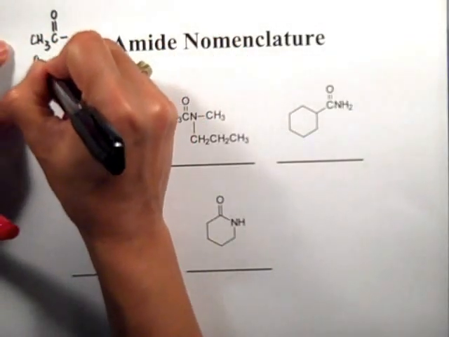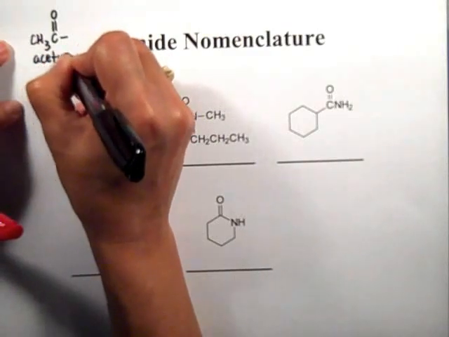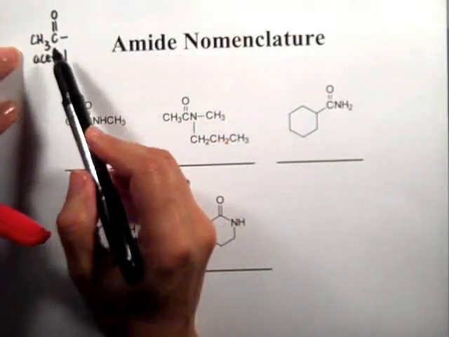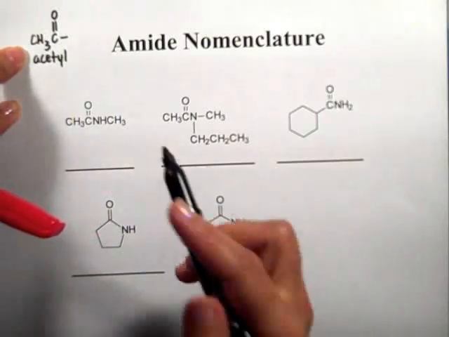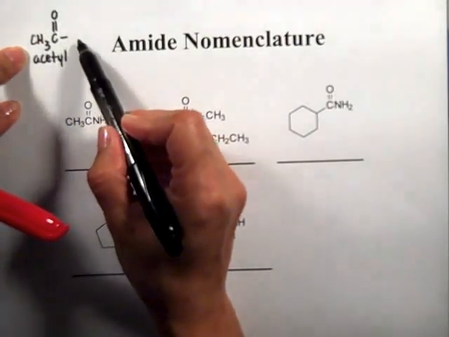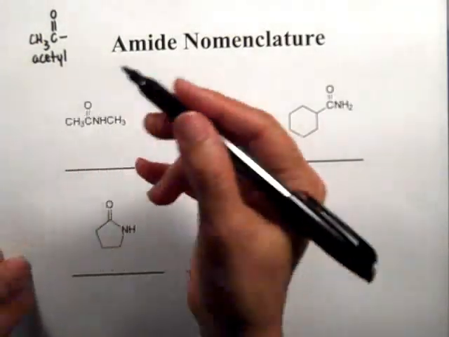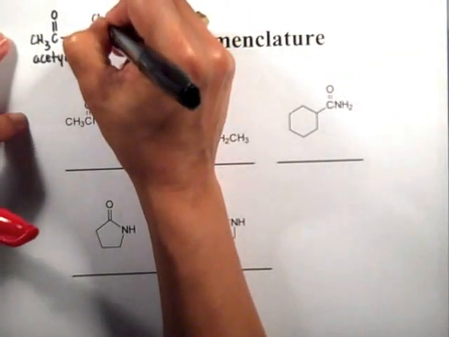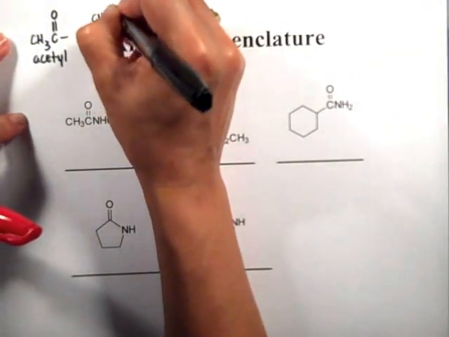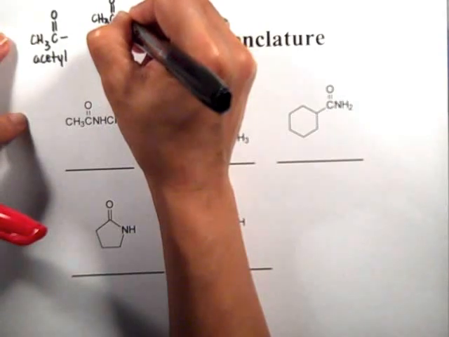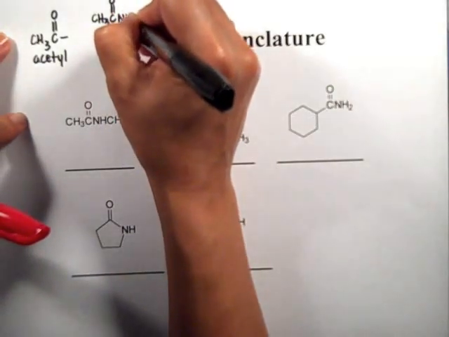So this is the acetyl group. Notice that it's the main component of acetic acid. If I had acetic acid, I would have the OH over there. But we are in the amide chapter, and instead of a carboxylic acid, we can have an amide.